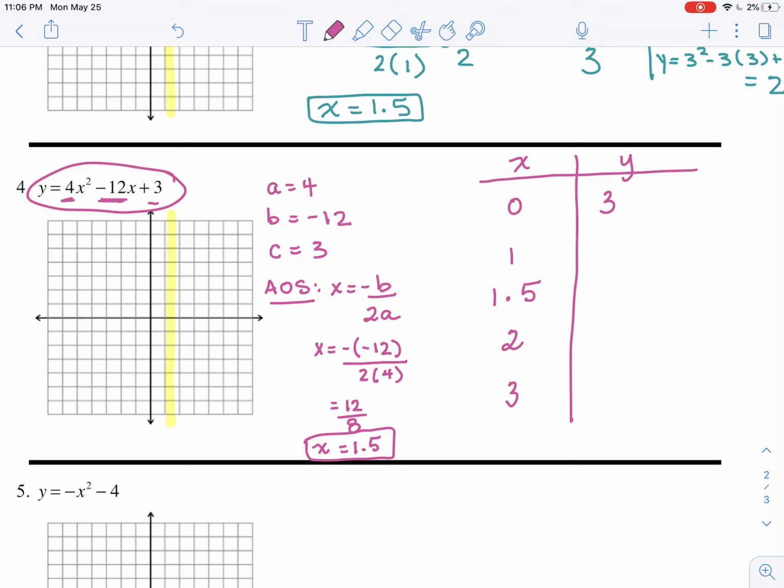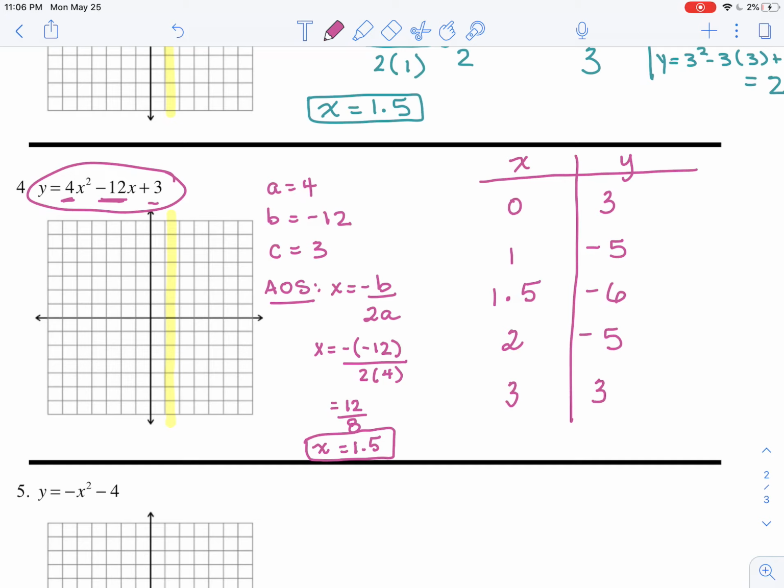If we plug in x is 0, the y value is 3. When you plug in x is 1, y is negative 5. If x is 1.5, y is negative 6. When you plug in x is 2, y is negative 5.